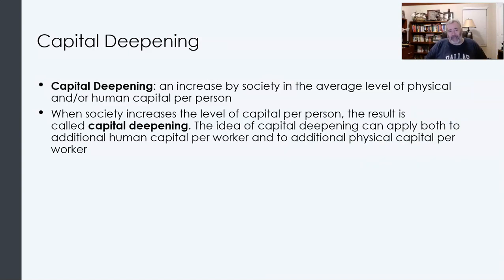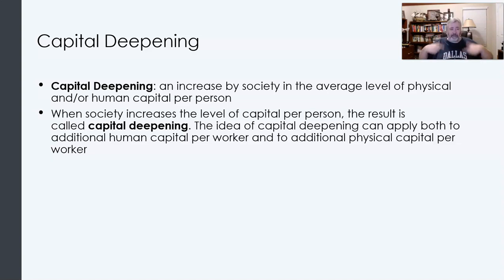A big thing. Capital deepening is a sort of generalized econ speak for improving the level of physical or human capital per person, right? In other words, the equipment we use to make stuff and the skill and knowledge we use to make stuff.